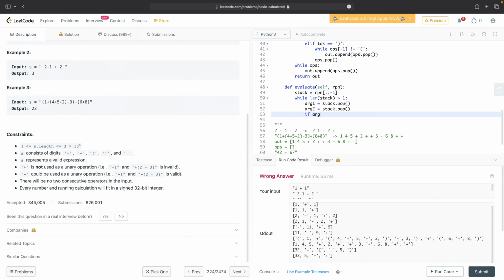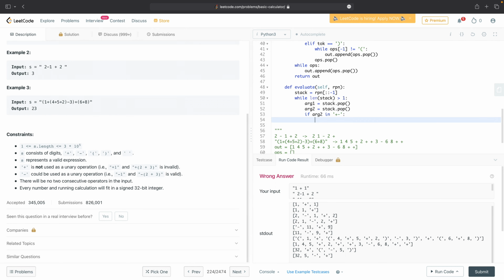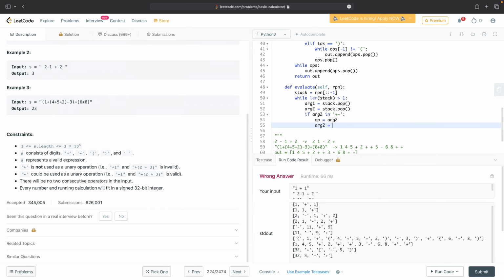If arg2 in plus or minus, op is equal to arg2, arg2 is equal to arg1, arg1 is equal to 0, else op is equal to stack pop. There we go, I can finally spell the word pop. Who would have thought that would be a tricky one?